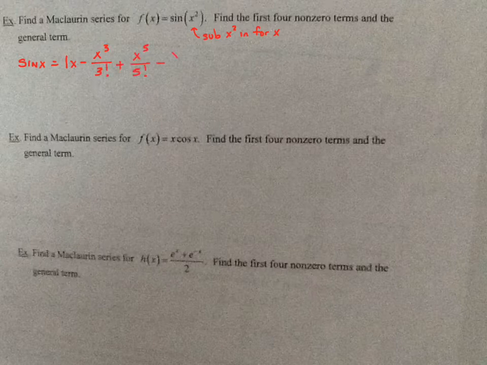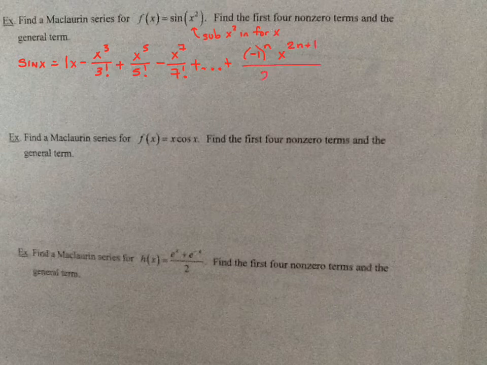So since sine x was x minus x cubed over 3 factorial plus x to the 5th over 5 factorial minus x to the 7th over 7 factorial plus the general term negative 1 to the n times x to the 2n plus 1 over 2n plus 1 factorial, all you have to do is plug in x squared everywhere you see an x, and you have your Taylor series for sine x squared.